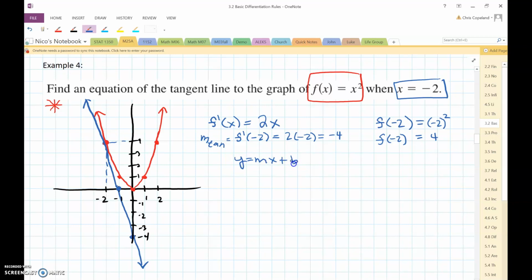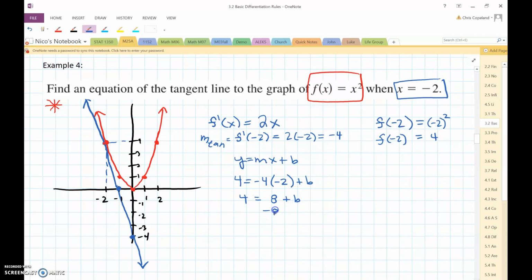So now it should be fairly easy for us to come up with the equation of the line, which will be represented as y equals mx plus b. So y for this problem is going to be 4. M for this problem is going to be -4. X is going to be -2 plus b. Now we'll solve for b. This is going to be +8.